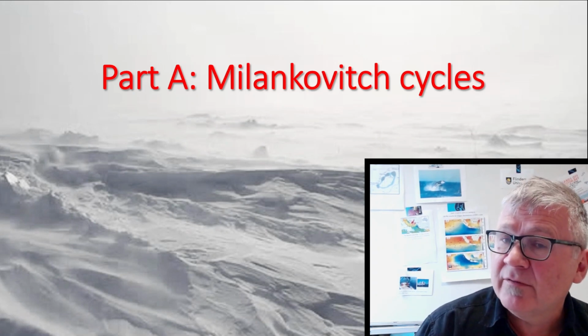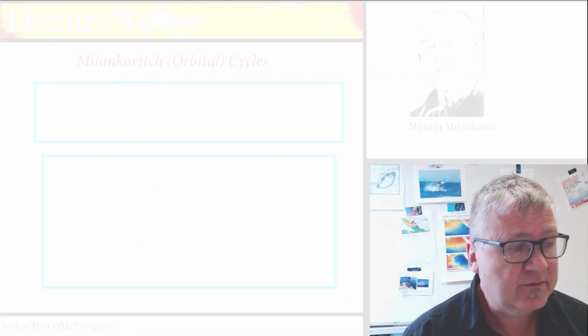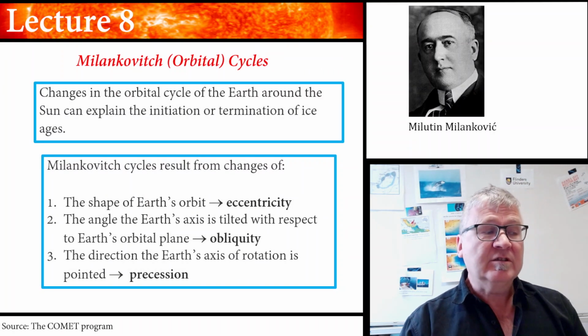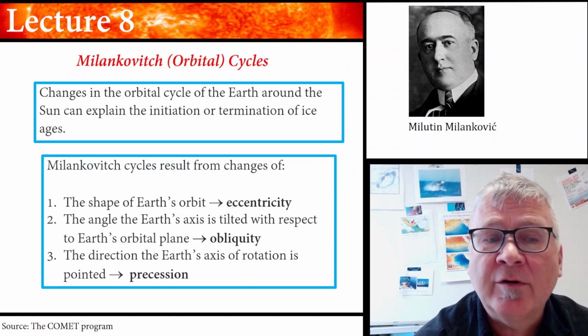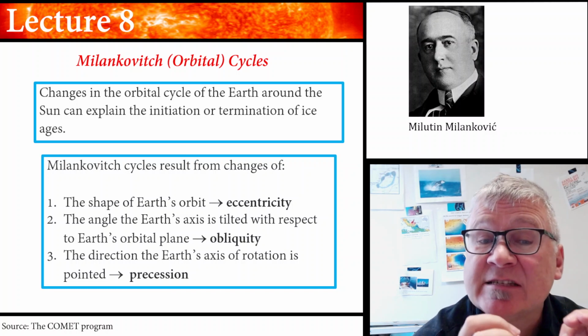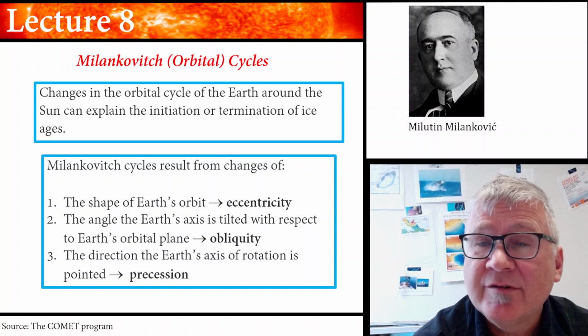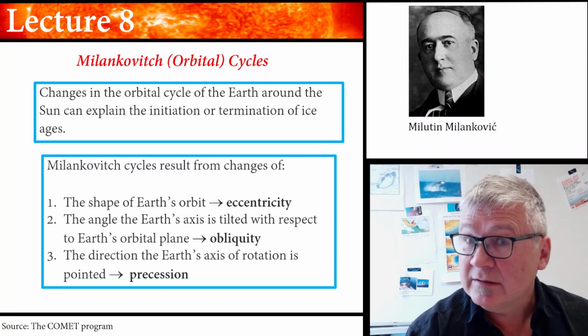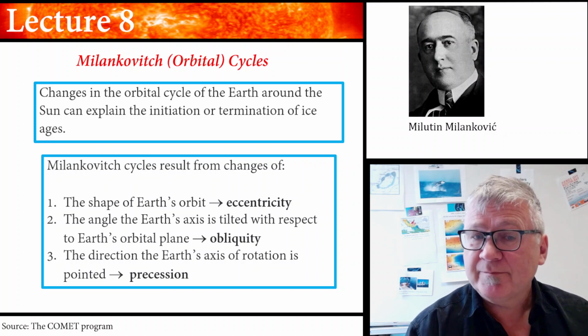What are these Milankovitch cycles, and what are the timescales of these cycles? Milankovitch cycles are changes in the orbital cycle of the Earth around the Sun that can explain the initiation or termination of ice ages. There's a correlation between the timing of these events.